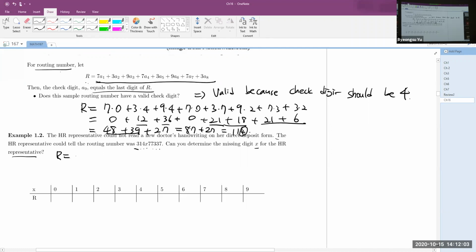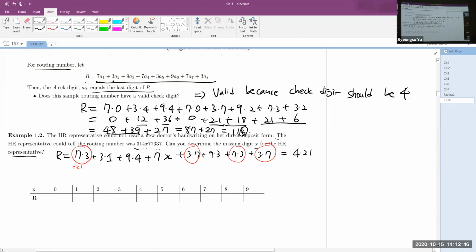So here R is 7 times 3 and 3 times 1 plus 9 times 4 plus 7 times some number X plus 7 times 3, 3 times 7 plus 9 times 3 plus 7 times 3 plus 3 times 7, right? So here are a lot of 7 times 3. So I just pick this 7 times 3 or 3 times 7 here. Then this is actually 21. So there are 4 21s here.